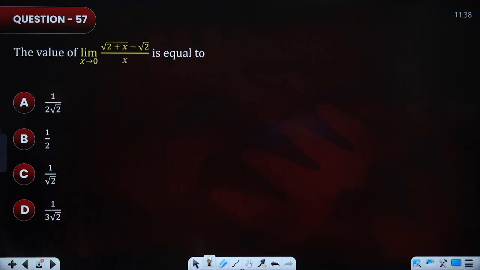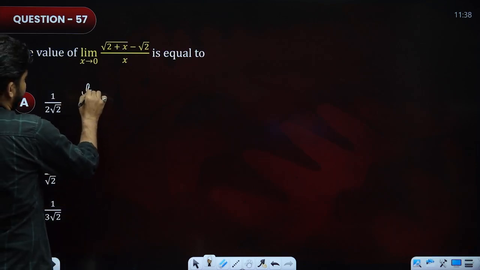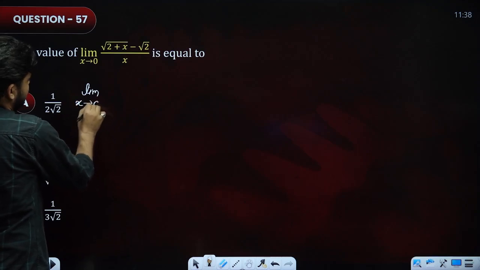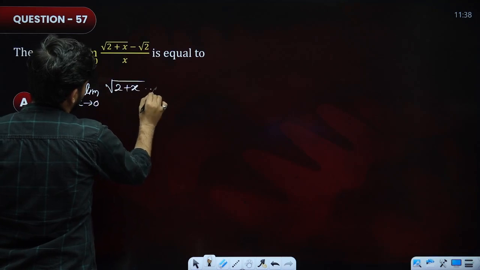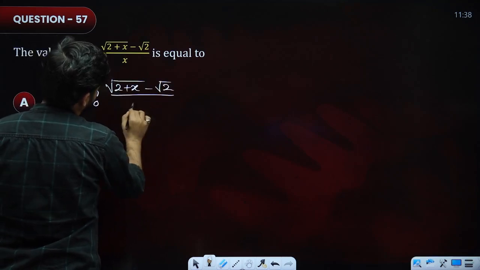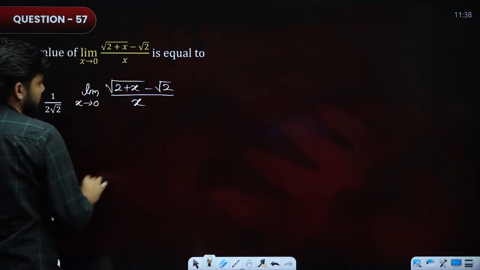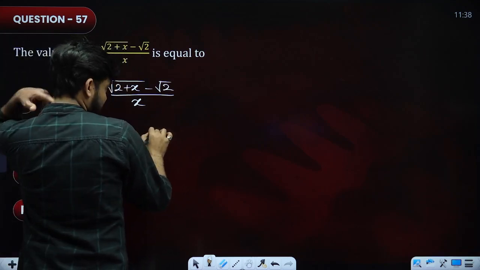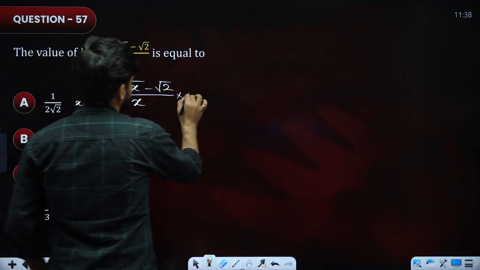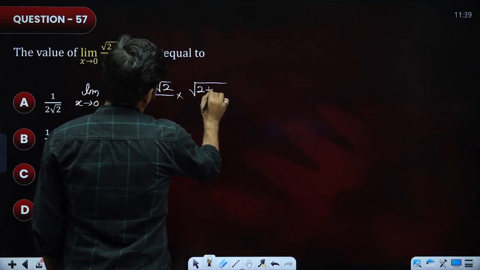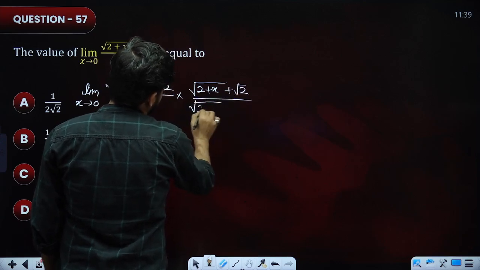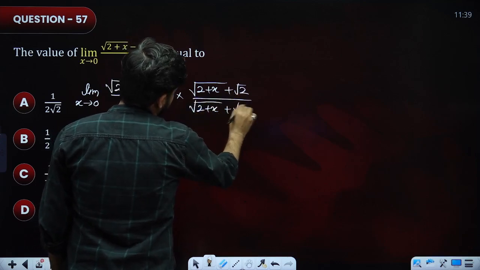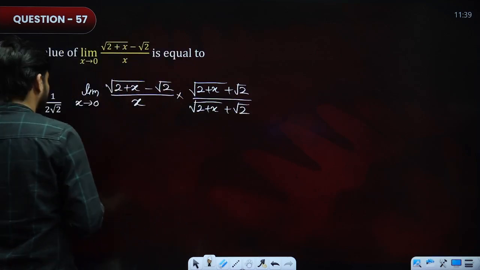In the next question we have limit x tends to 0 of under root 2 plus x minus under root 2 upon x. So here we can multiply by under root 2 plus x plus under root 2 upon under root 2 plus x plus under root 2.